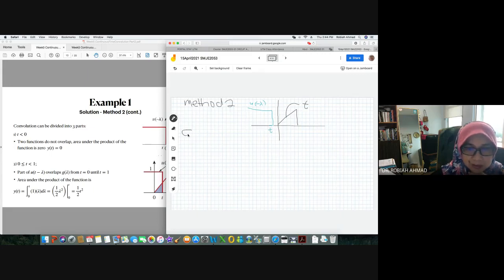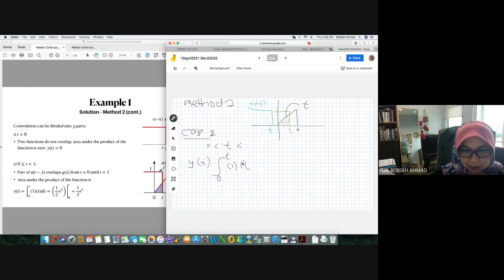Okay, so for case 2, T between 0 to, the width here is 1, right. Its y(t) will be the same, when it approaches, another color, green, approaches, so this one will be T. And then T from 0 to T, but here our one function is 1, and the other one would only be tau.